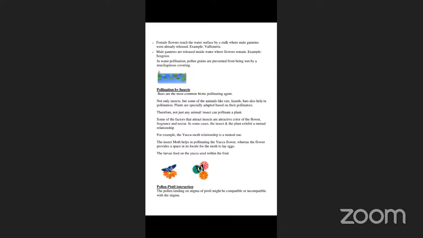Example, Vallisneria, already told. In water pollination, pollen grains are prevented from being wet by a mucilaginous covering.